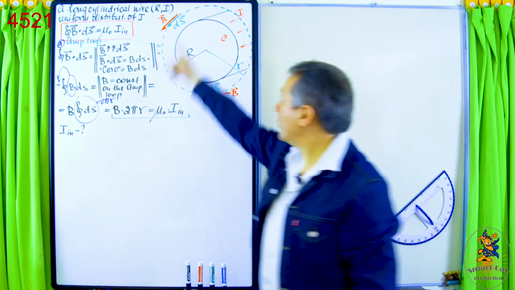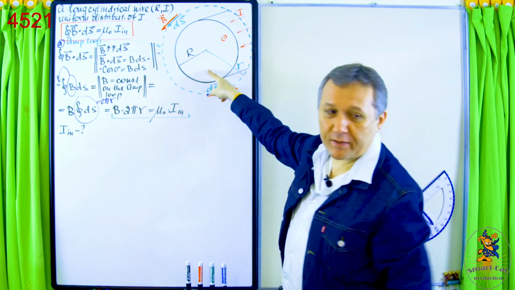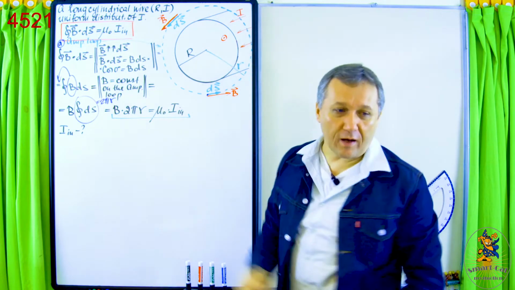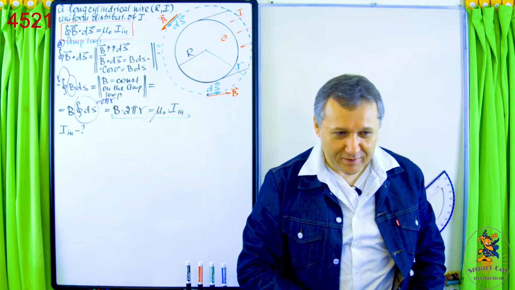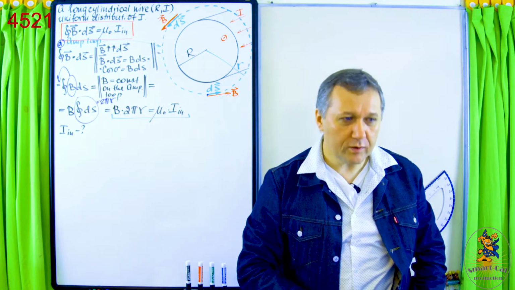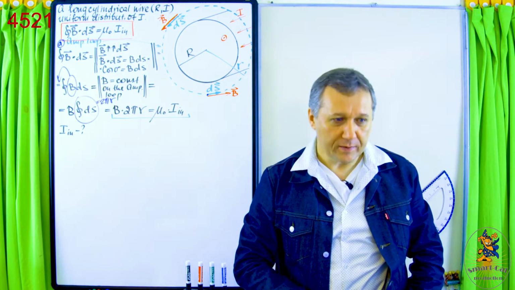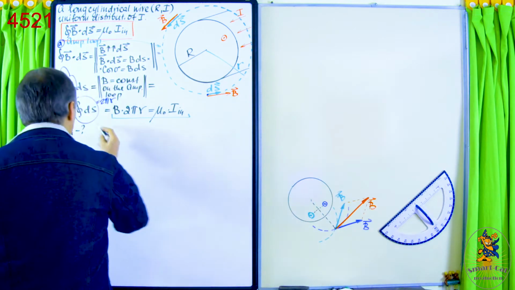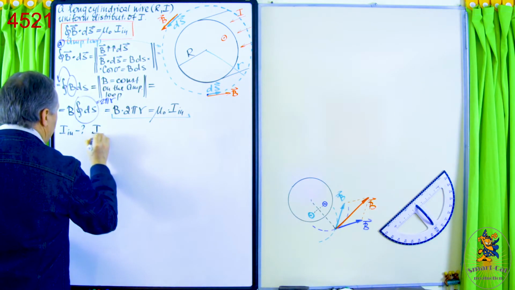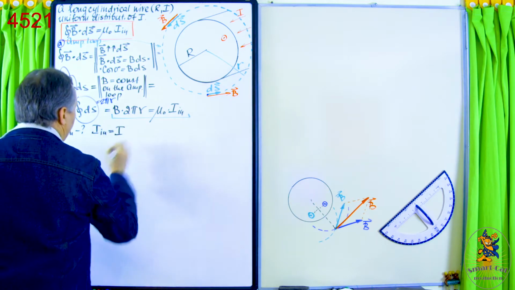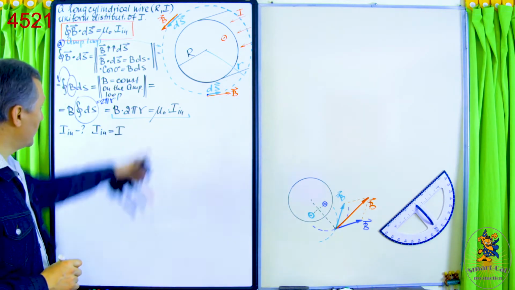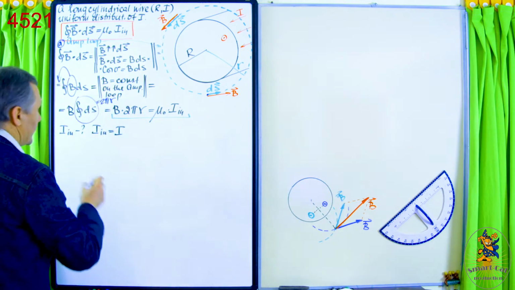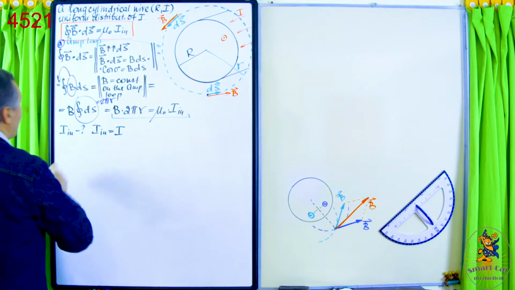Our amperian loop physically embraces the whole wire, so the whole current I. So I enclosed is the total current I flowing through this wire. Finding I enclosed is trivial: I enclosed equals I. Now we just need to replace I enclosed with I and solve for B. That will be the answer for part A.